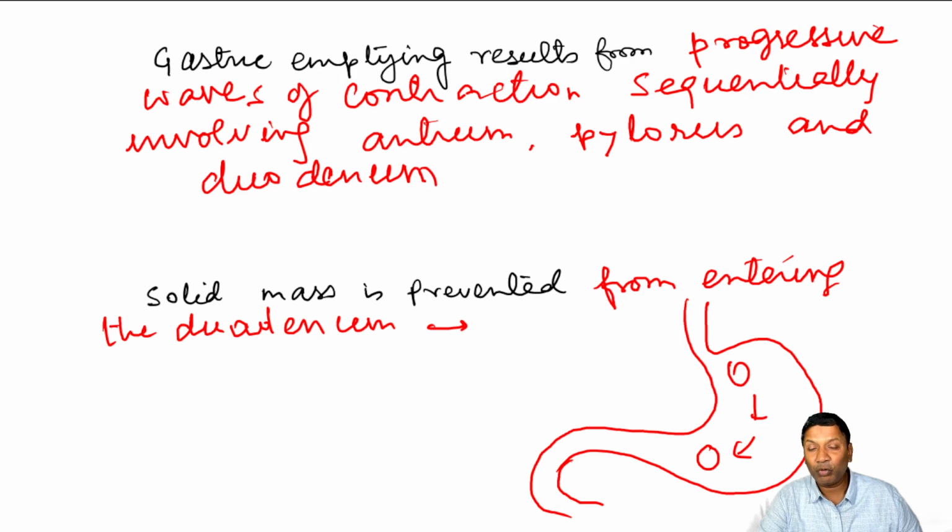But if this is not broken down into the chyme, or it is in the solid form, then ahead of this solid mass of the food, the pylorus will contract. This contraction of the pylorus, which is ahead of the solid mass, will prevent it from entering into the duodenum and will not allow it to pass through the pylorus.